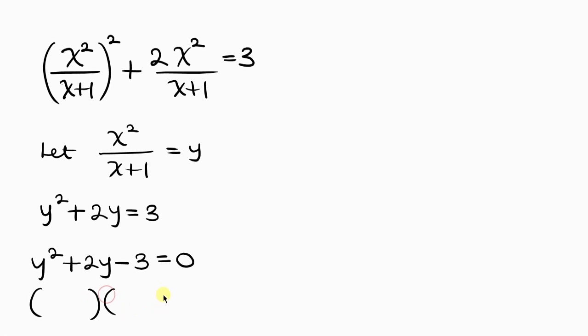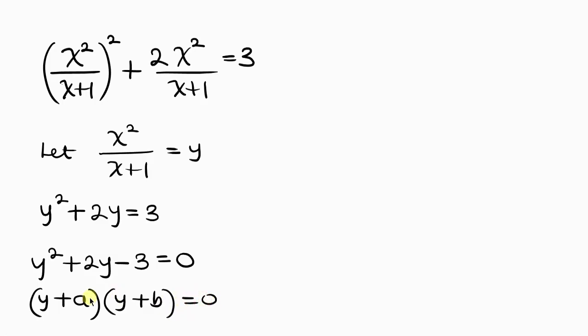Since I have y squared, that means y times y will provide out y squared. And then plus, and I'll bring out two factors, a and b. So what is a and b that will make this equation true?